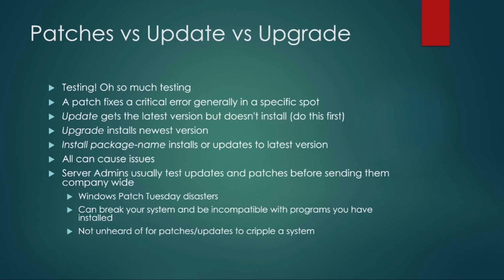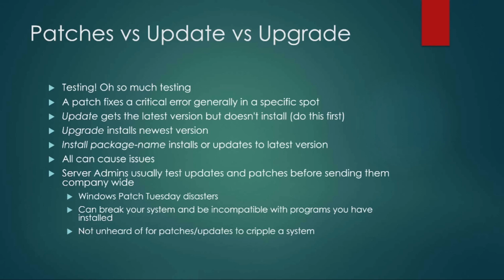An update will get the latest version of programs but doesn't necessarily install the programs. An upgrade should install the newest version. If you do an install, that should install the program or update to the latest version if that program is already installed. All of these options can cause issues, which is why we want to test them before we send them out.